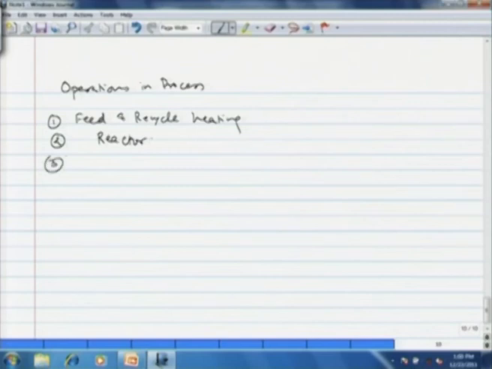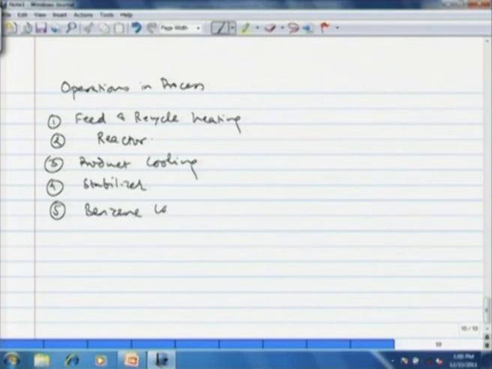The third is cooling of the products. Fourth is the three columns, stabilizer column, then benzene column, and toluene column. And then there is the operation of gas recycle or recycle compressor.